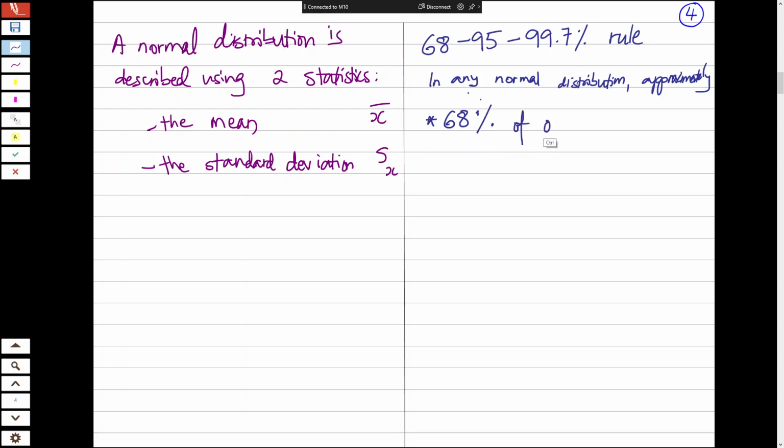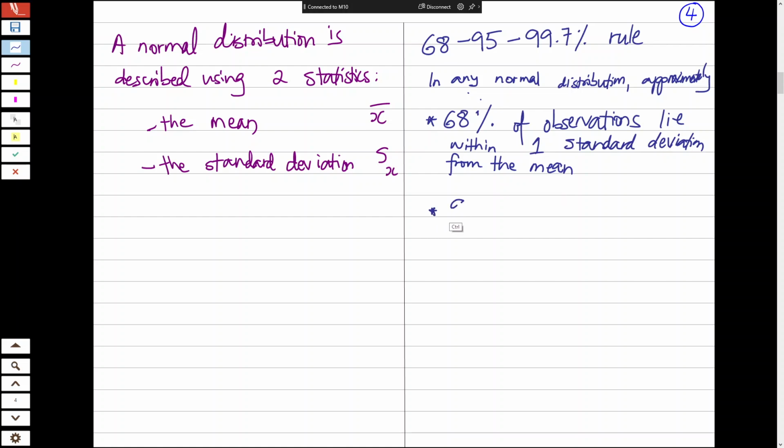68% of observations lie within one standard deviation from the mean. And I'm just going to abbreviate this now. 95% within two standard deviations from the mean.